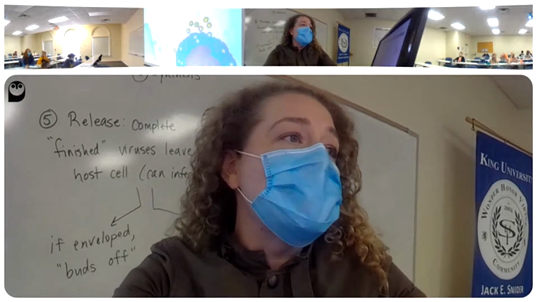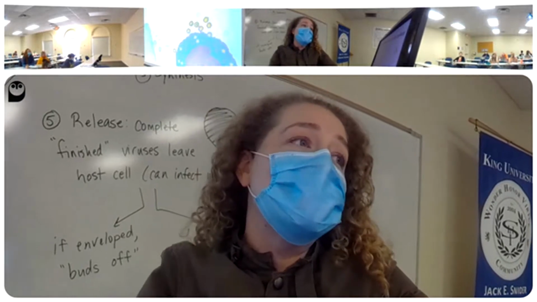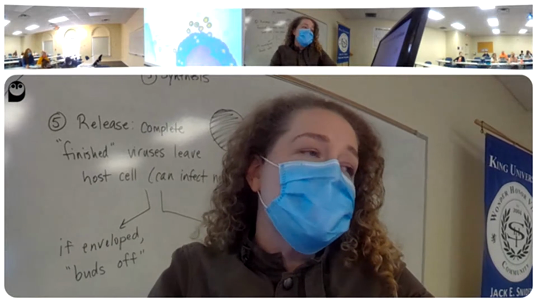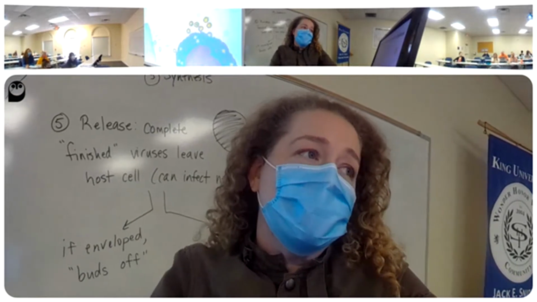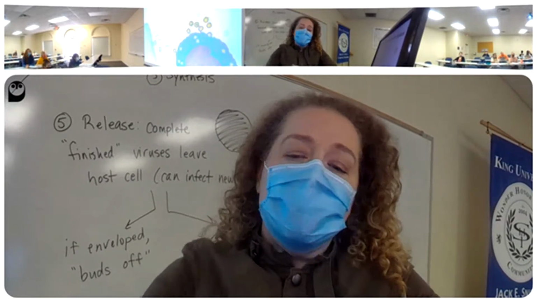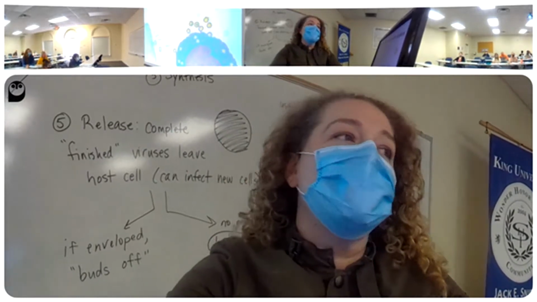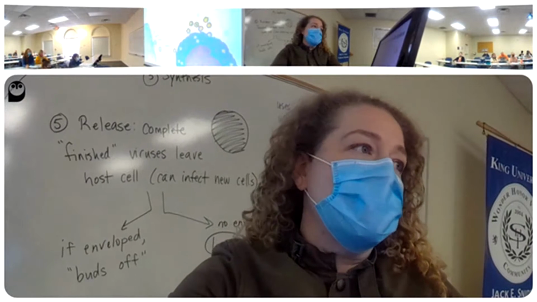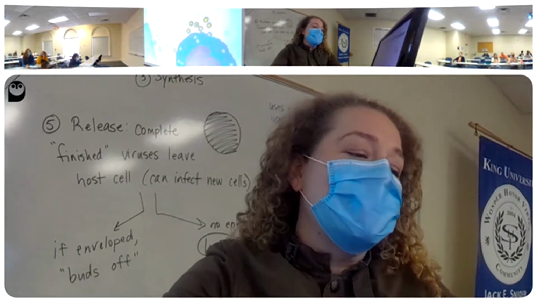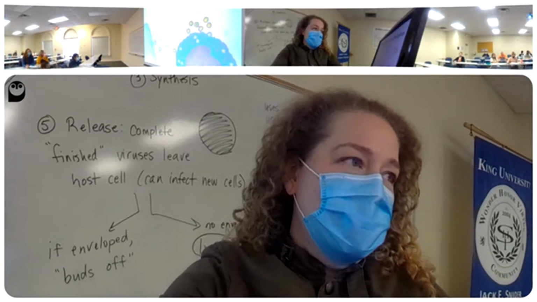There are not spikes naturally on the cell. It's when they have to make the other pieces that the spikes show up on the membrane. The spikes are not something that the host cell normally would make unless the virus told it to. And see how the spikes are kind of on this side?